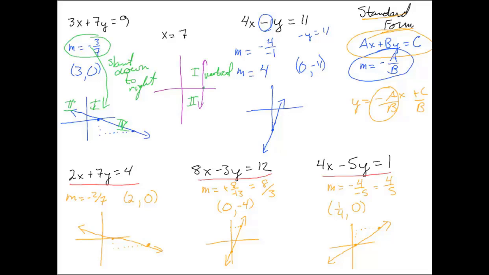It has an x-intercept that's positive, and no y-intercept whatsoever. This guy has a positive x-intercept, it's over here on the positive side, and a positive y-intercept. We look at this one, this is slanted upward to the right, so up as we go to the right, and this is because it has a positive slope. Positive means you're going up, as opposed to this one had a negative going down to the right.